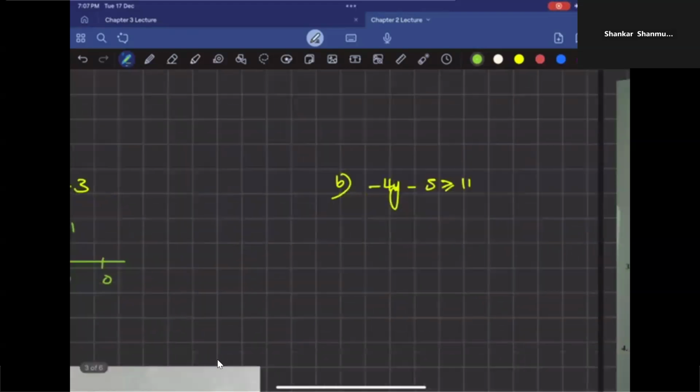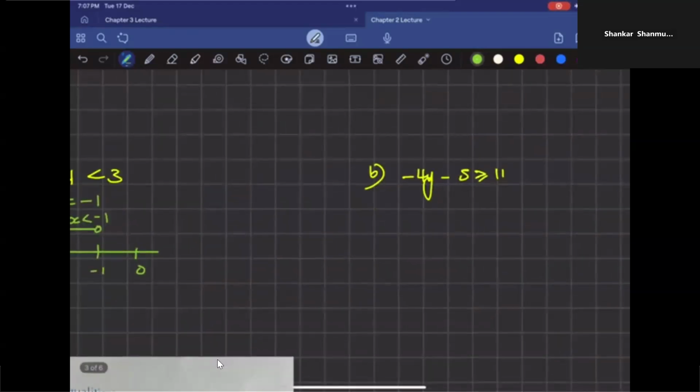And then if you have this kind of equation, again, you've got to make y the subject of the equation, okay? It's very similar to your simultaneous equation, it's just solving for y. Just that in this case it's an inequality. So you bring your constant to your other side. So you get minus y is more than or equals to 4.